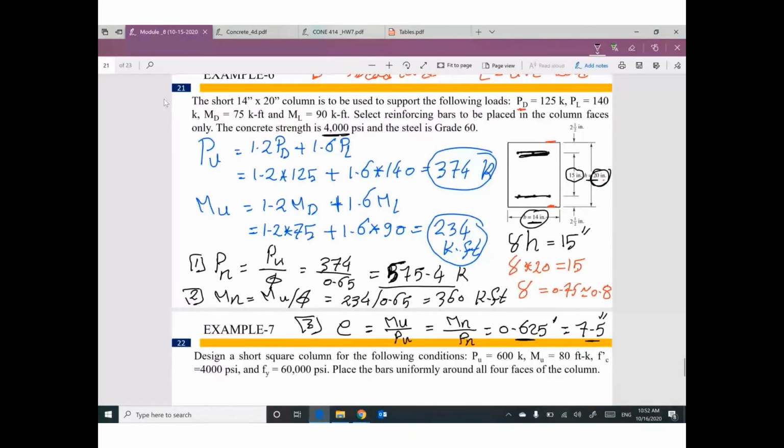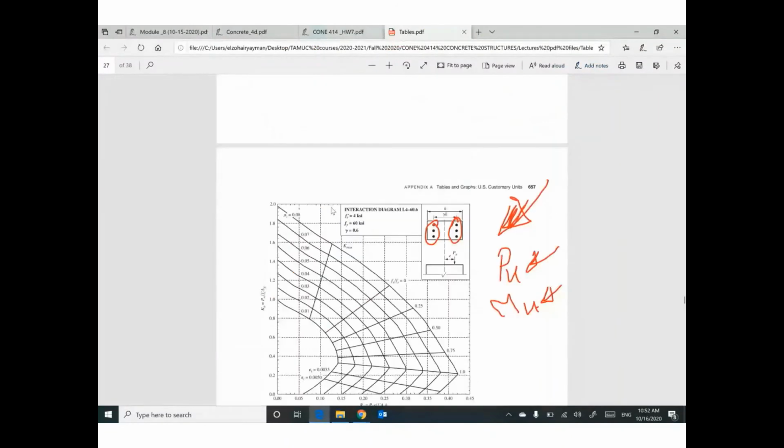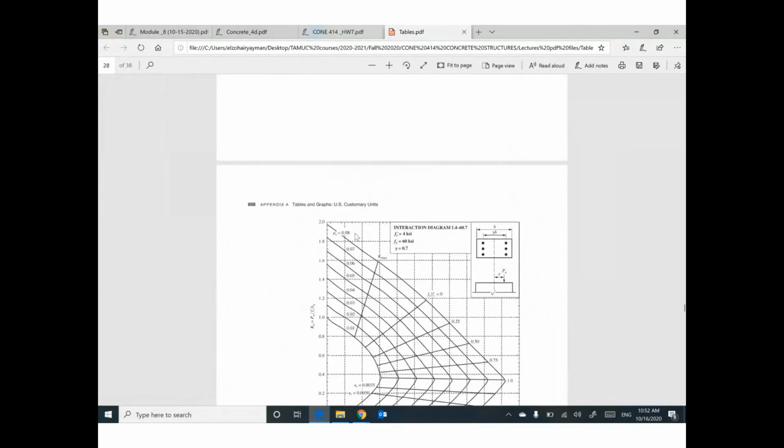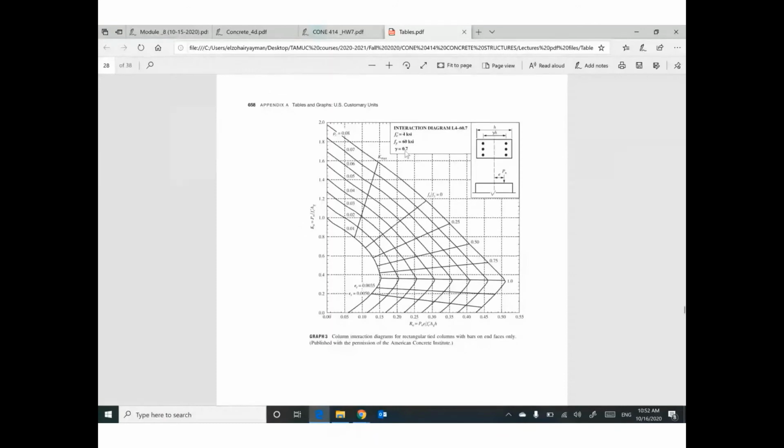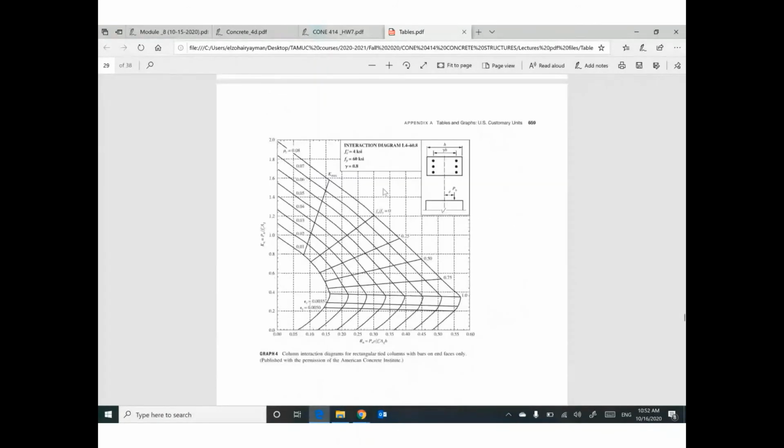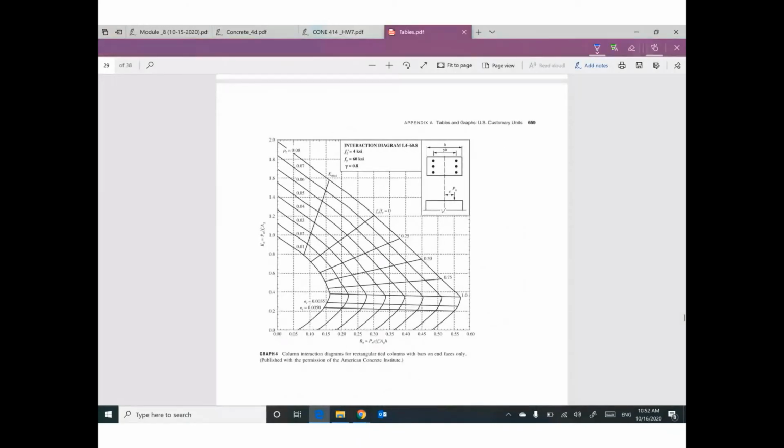So let's figure out which interaction diagram. F prime C is 4,000, but gamma equal 0.6. No, not this one. What about this one? Gamma equal 0.7. No, not this one. We can use this one: concrete 4,000, yield 60,000, gamma equal 0.8, steel reinforcement on two sides.